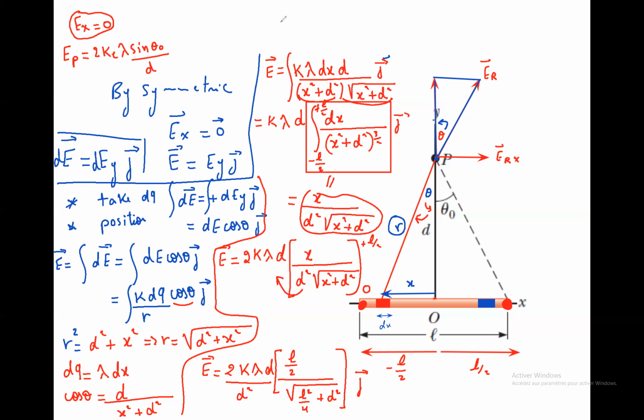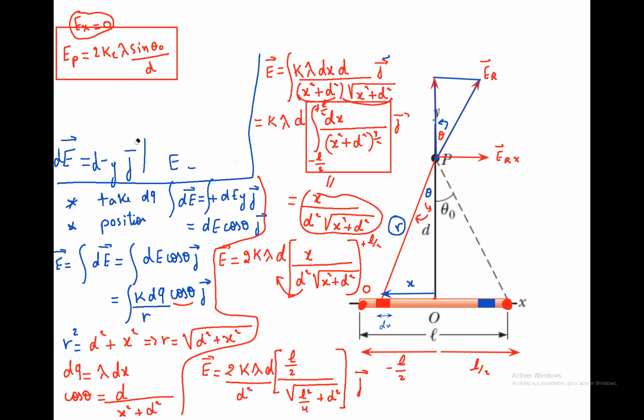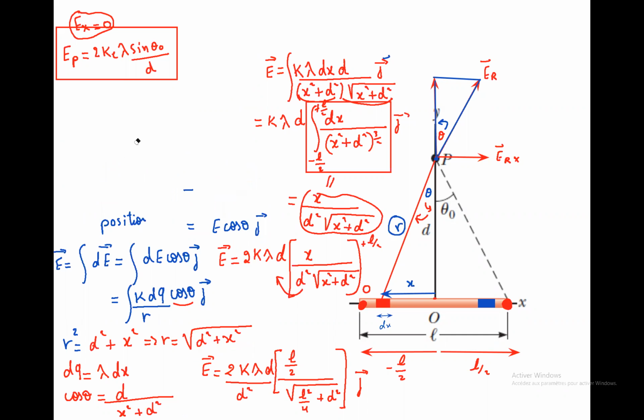Don't forget, we have to find this solution of E. Not yet. Okay, we have to change it to find this form of the electric field. What can we do? So here E equals 2k lambda d.